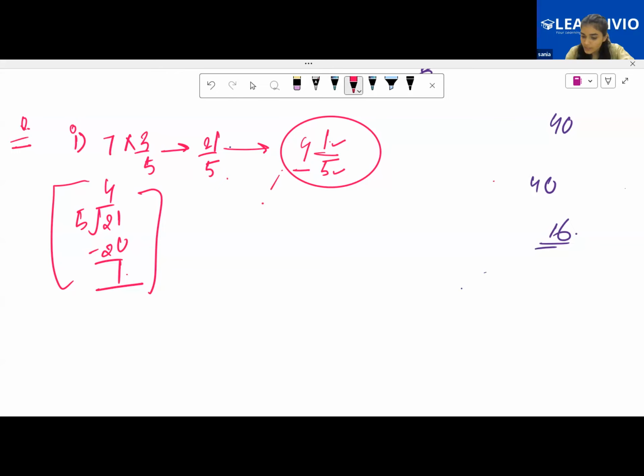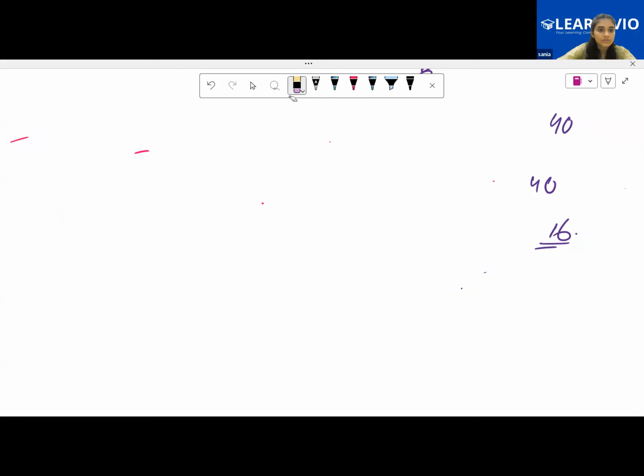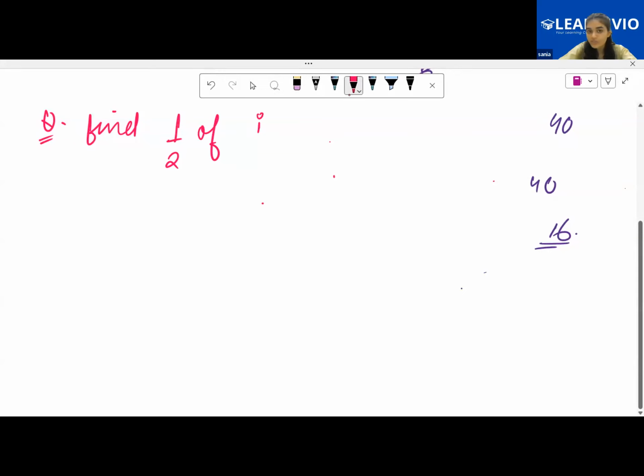Okay, there is one question where you have to find. The question says find 1 by 2 of, and you have several parts. First of all, you have to find 1 by 2 of 24.